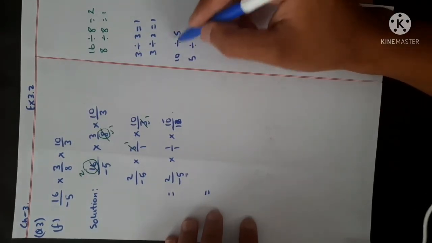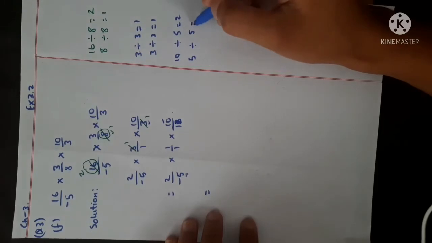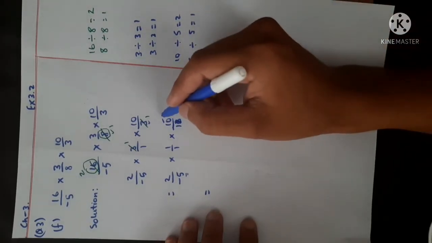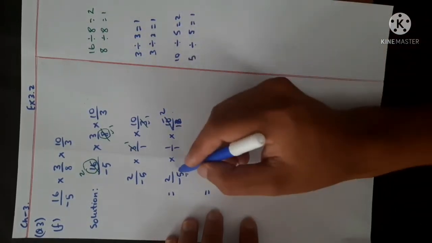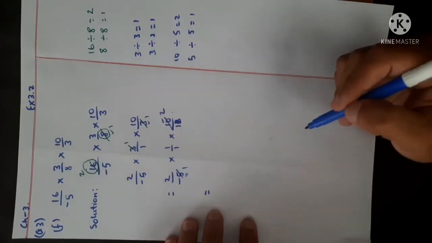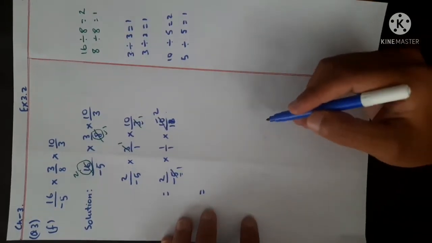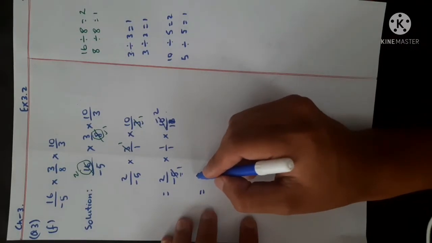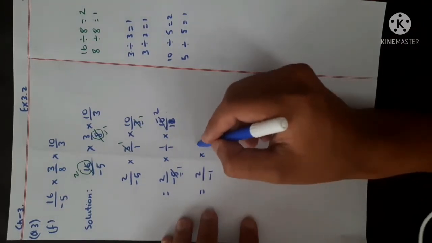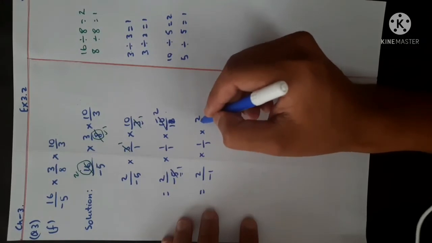So 10 divide 5 you will get 2, and 5 divide 5 you will get 1. We cancel them out by dividing by 5. Now this becomes 2 by minus 1 multiply 1 by 1 multiply 2 by 1.